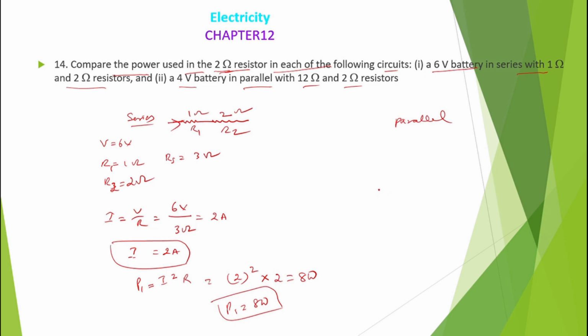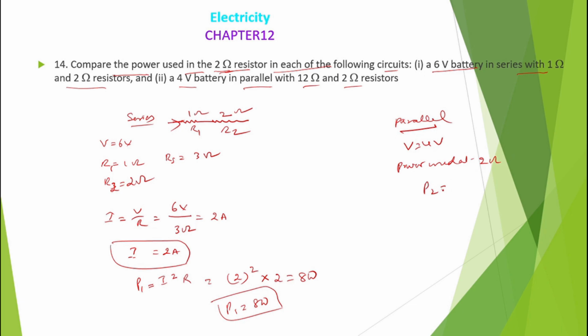Now we will go to the parallel connection. Here he has given V is equal to 4 V, and we need the power used at the 2 ohm resistor.